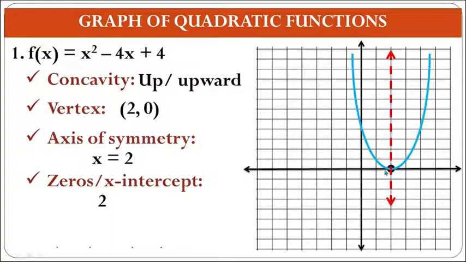So yung x-intercept niya is 2. And for y-intercept, kung makikita dito, 4, kay eto, 4 din ito. Parehas na 4, so positive 4. Sa line ni x-axis, from 0, 1, 2, 3, 4, nasa 4 siya.